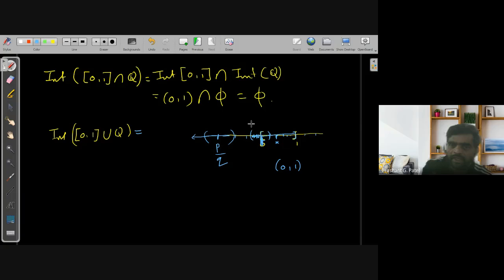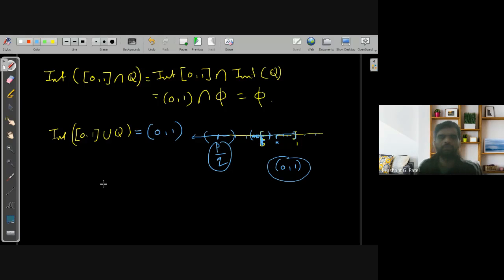So any rational number outside this interval will not be an interior point of this set. So the only possibilities are these. The interior of this set is the open interval 0, 1.